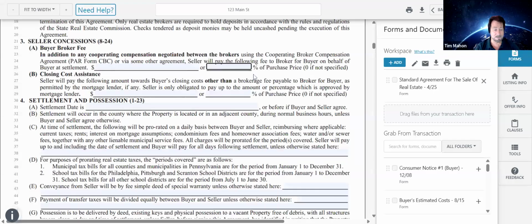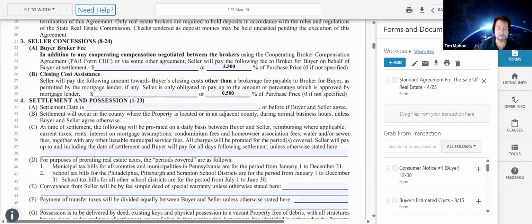So let's say, for example, that they're paying a 3% commission, and I only said on my buyer agency 2.5. Okay. So then what I would have to do is I can only collect 2.5. That would go on here, but I could award my buyer the other 0.5%. That's why I fill that out.